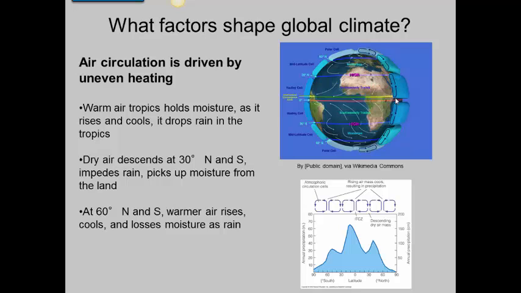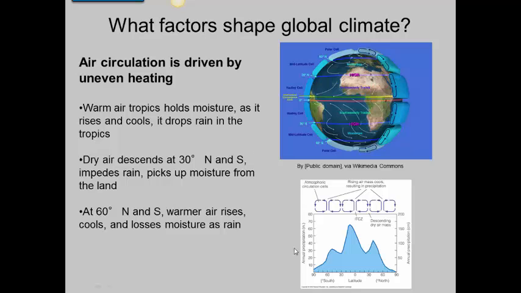And cold air can't hold as much moisture as warm air. So at the tropics, we have these warm, moist air masses rising and then cooling. And as they cool, the water that's held in that humid air condenses and falls as rain.